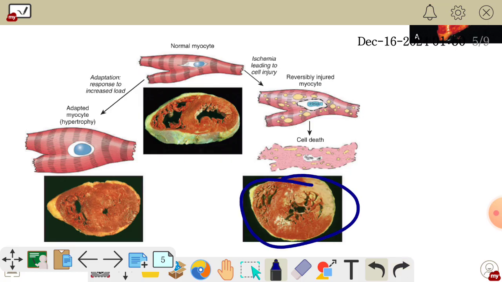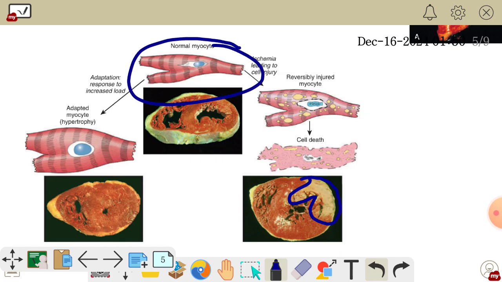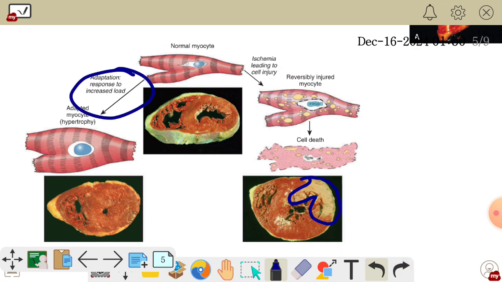So in this cardiac muscle here, we have part of it which is undergoing necrosis. Okay, but the takeaway message here is that when a cardiac muscle is stressed, in this case when the load is increased, the normal size of the myocyte will increase and become larger in size.